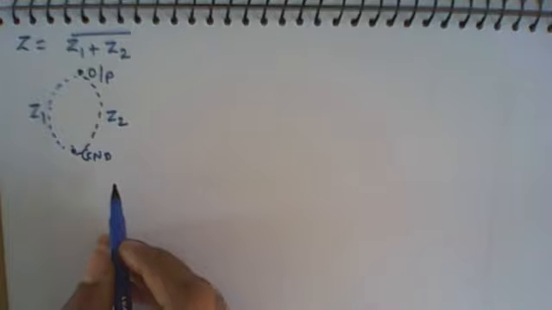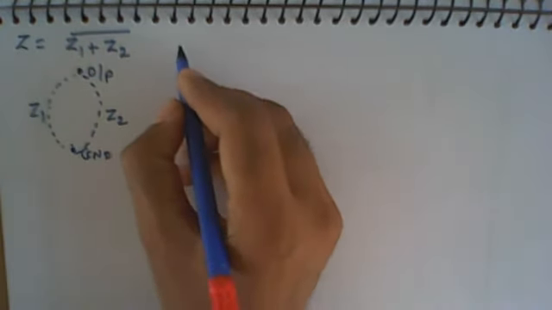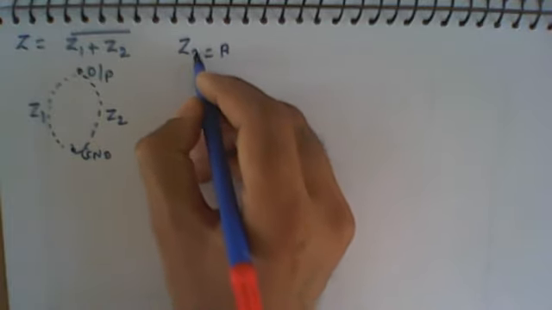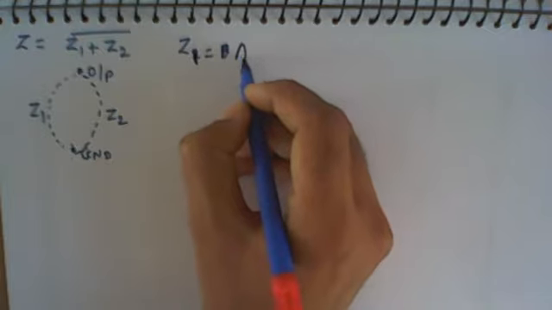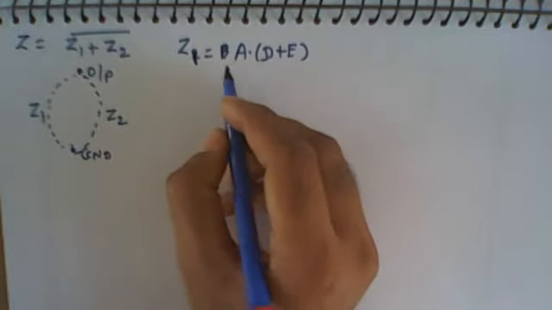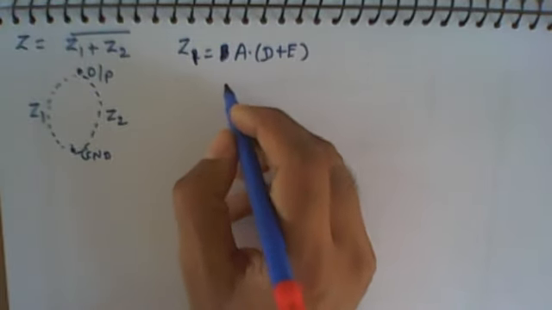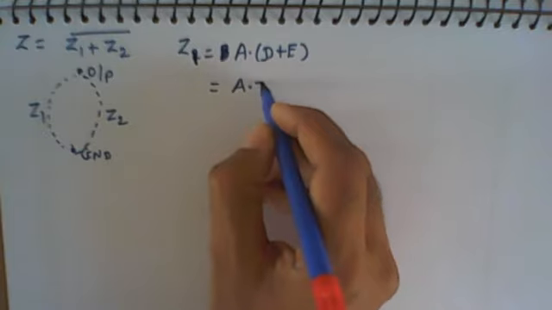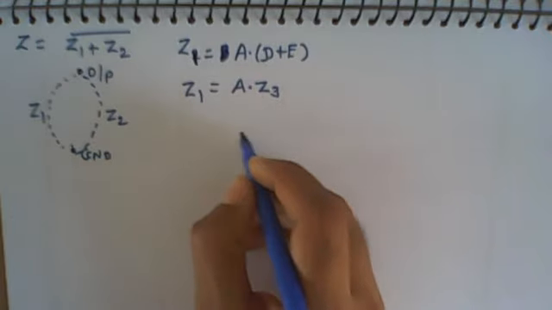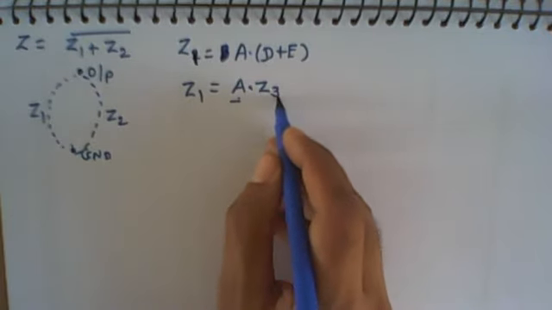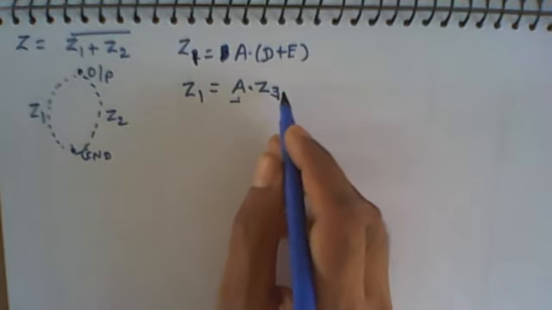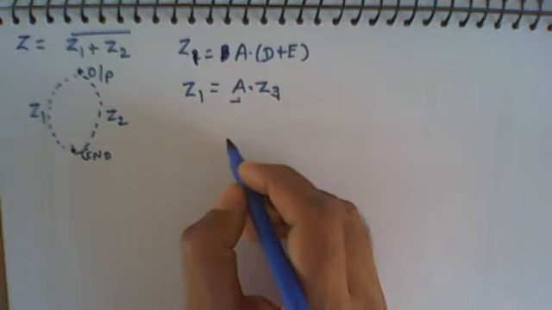Now we know Z1 is equal to A into D plus E. So let me divide it into two parts: A into Z3, where Z3 is equal to D plus E. So here Z1 is an AND of A into Z3, so both the driver MOSFET A and driver MOSFET of Z3 are connected in series.